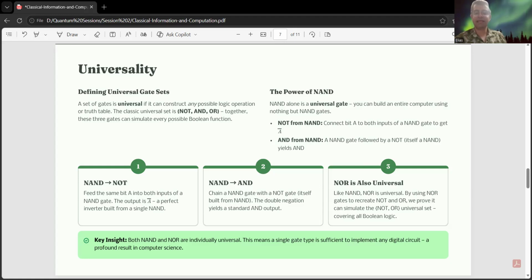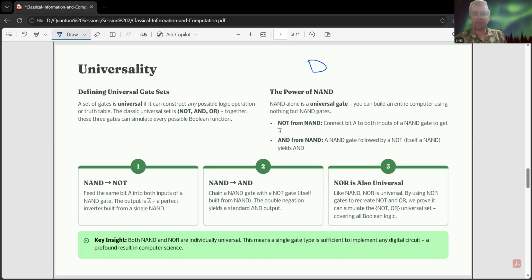If you're wondering what a NAND gate is, it's basically a NOT AND gate, which means it takes the result of an AND and inverts it. So if you have an AND gate and put a NOT on the end, this becomes a NAND gate.